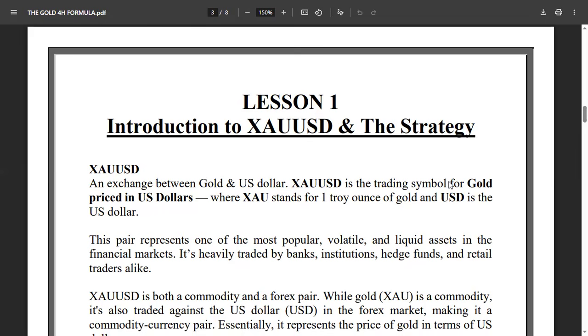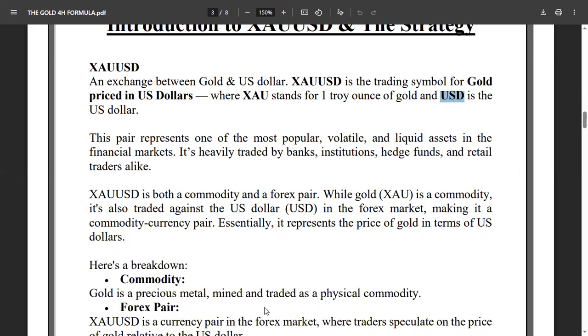For example, if you're trading USD, JPY, or whatever, Bitcoin or whatever, you need to do this as I'm showing you right now. So XAUUSD, we all know that this is the commodity currency pair, featuring the XAU as the gold and the USD dollar as the currency. So it's both a commodity currency pair. So you can call it a commodity or a forex pair, because some of the mentors can say XAUUSD is not a forex pair, it's a commodity pair.